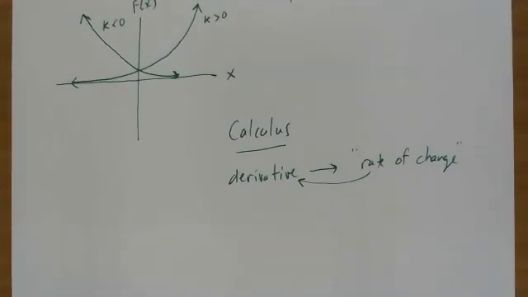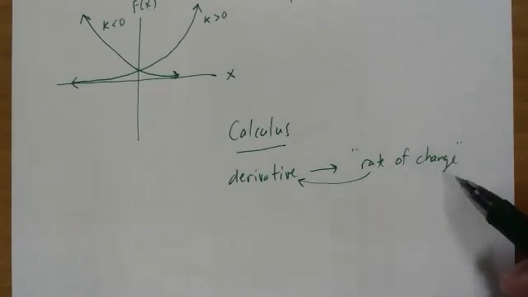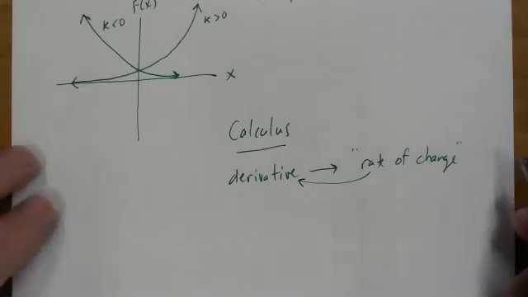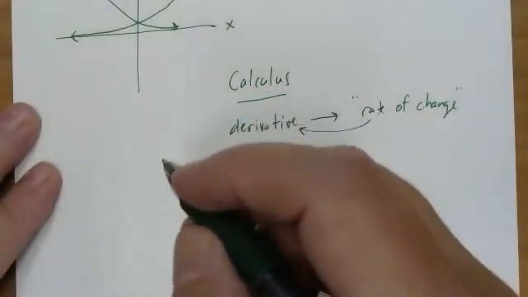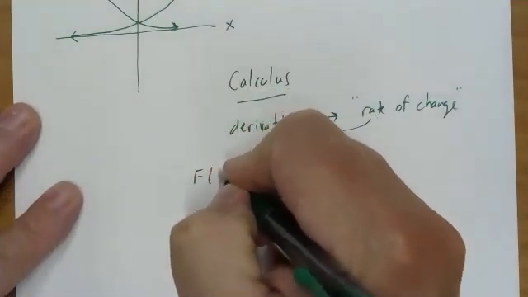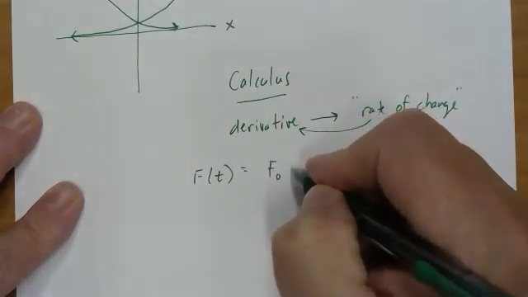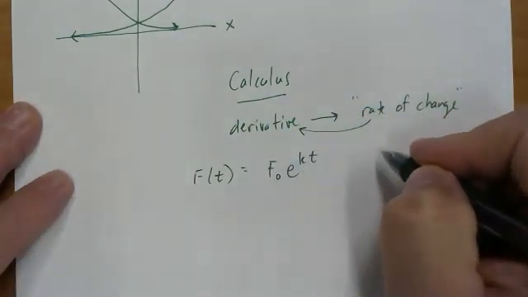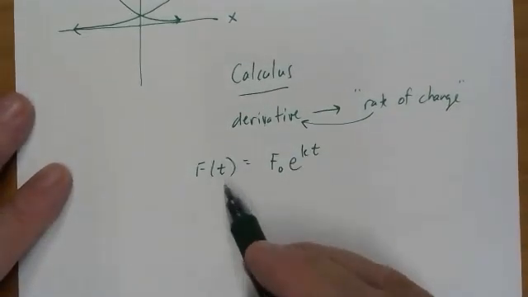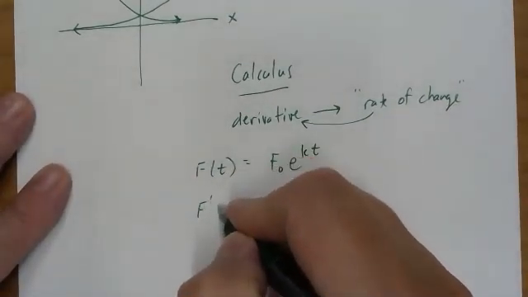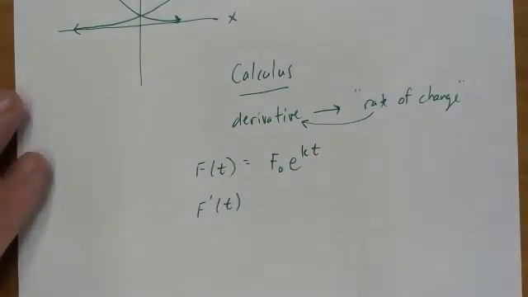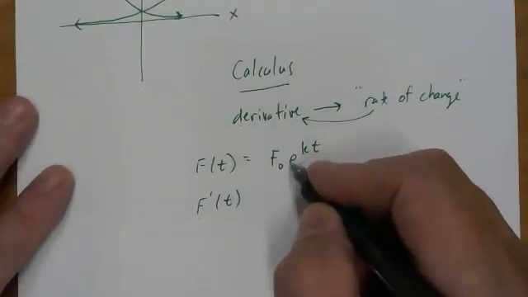A lot of times they'll say, what's the rate of change of this? And when you see the words rate of change, in your head you should think, aha, they're asking for the derivative. So let's take a minute and review. You just learned this. So if we take our basic exponential function and we want to now take the derivative, how do you take the derivative of an exponential function?